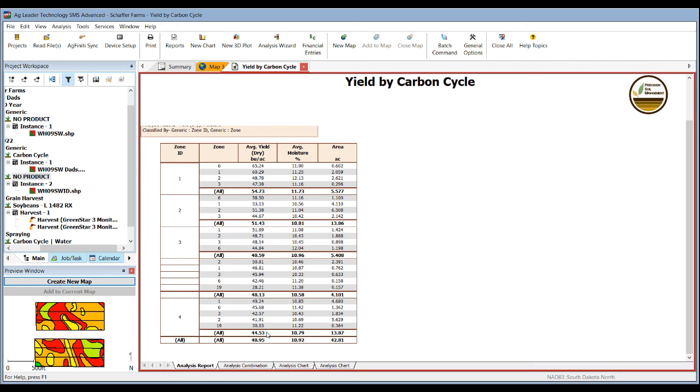So the Carbon Cycle increased yield. Well, it's the one thing that we tested out there. From this analysis, it gave us a couple, two to three more bushels in the Carbon Cycle areas than in the non-Carbon Cycle areas.